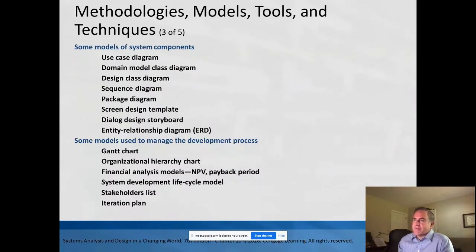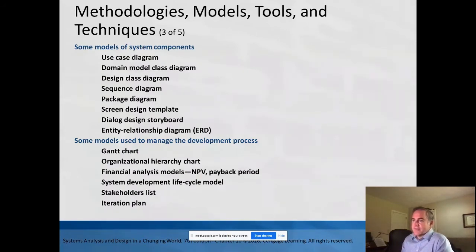So some examples of models that we'll be using in here: use case diagrams. I think you guys have done a lot of these in this little mini project from the second week. The domain model class diagram, design class, sequence diagram, package, screen design, dialogue design, storyboard, and entity relationship diagram. So this would model the system components from on the process side, in other words, the logic.